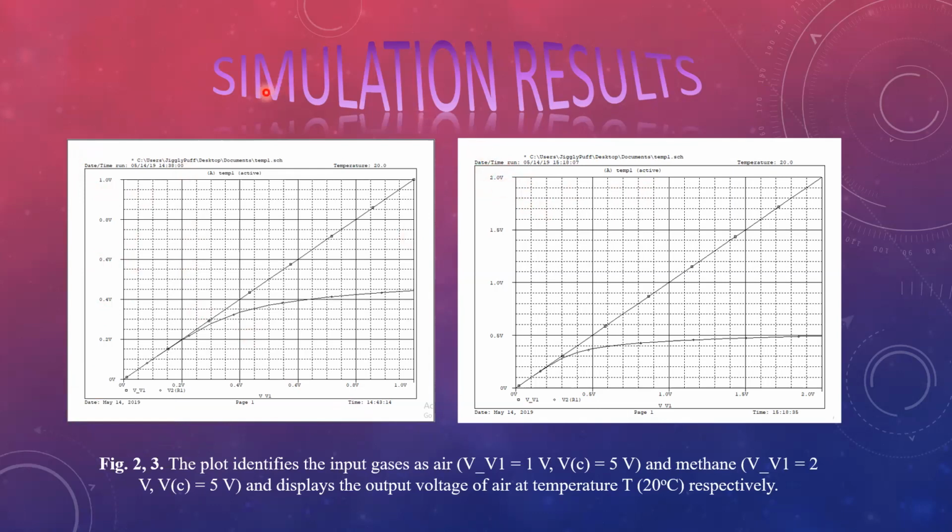As I showed you in the table before, for 1 volt the gas is detected as air, and for 2 volts it will be detected as methane. So this is the input voltage, and we have shown its dependency on temperature. If the temperature is 20 degrees Celsius, the output plot will be a little bit deviated from the initial voltage. The output will be deviated for air, and similarly for methane, it will vary.